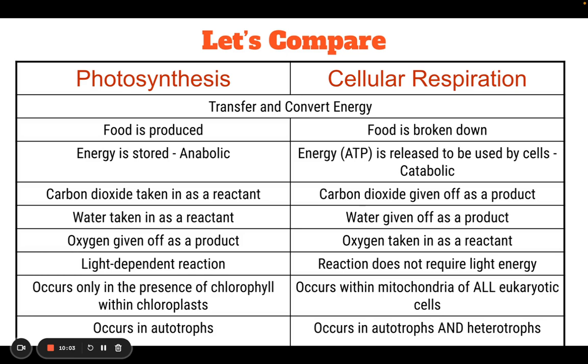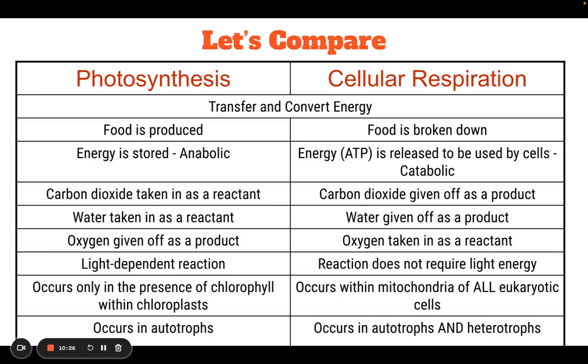Next, in photosynthesis, carbon dioxide is taken in as a reactant along with water, and in cellular respiration, carbon dioxide and water are given off as a product. Photosynthesis gives off oxygen as a product, and cellular respiration is the exact opposite. It takes in oxygen as a reactant.